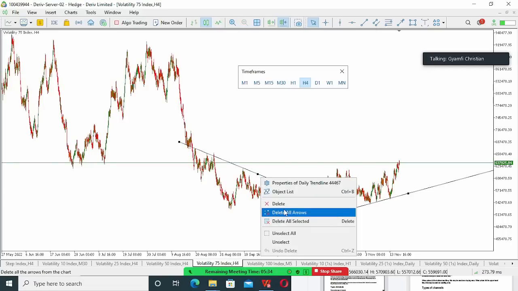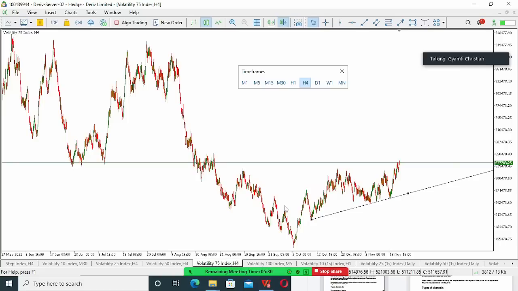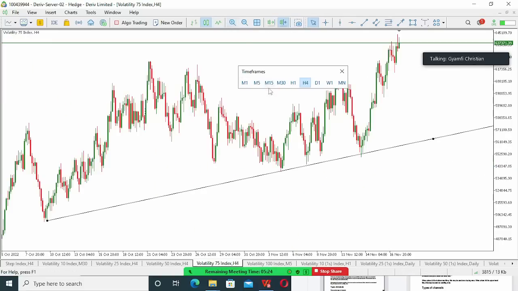Why you should ignore the wicks: you need to consider where the market actually opens and then the close. With the wicks that we have, some candlesticks would have shorter wicks, others would have long wicks.